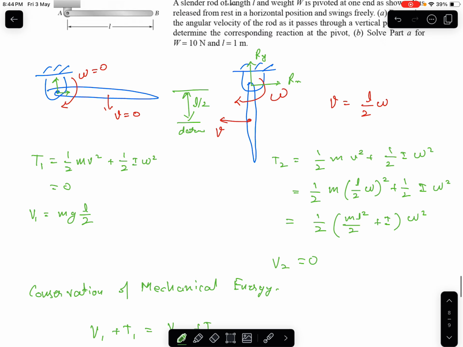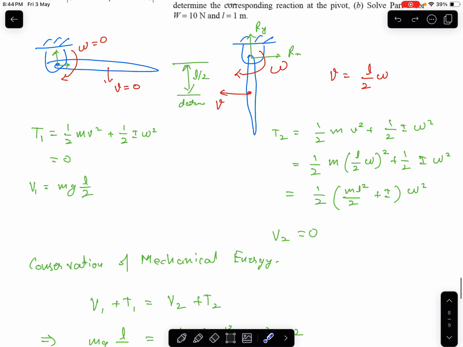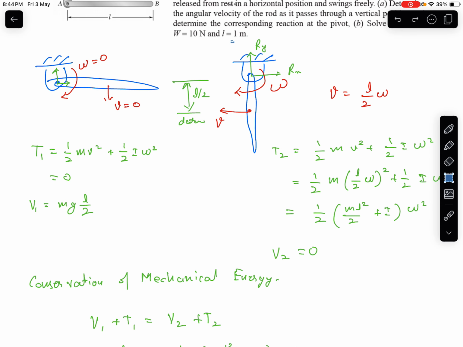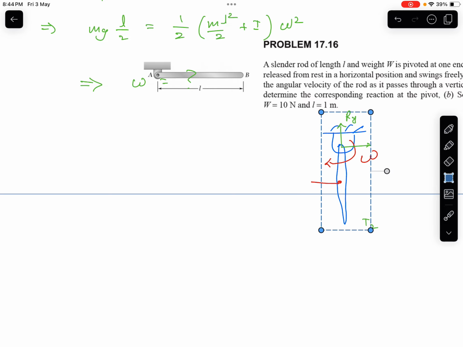Then you have to obtain the corresponding reaction at the pivot. So let me redraw these things.